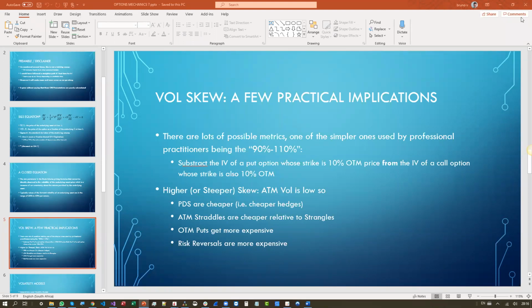Because it's a practitioner approach, and because traders, even quants or fund managers, like those very quick back-of-the-envelope ways of assessing or using the skew. You don't necessarily need to go as deep as I'm going to go.